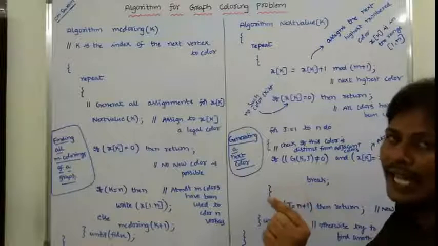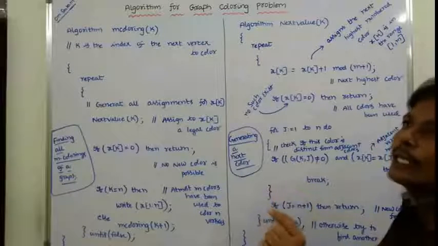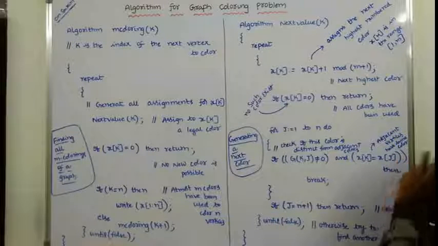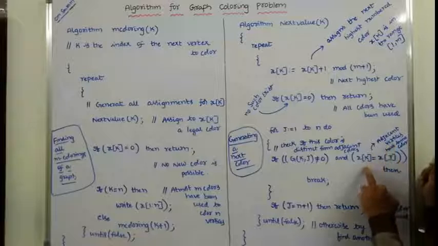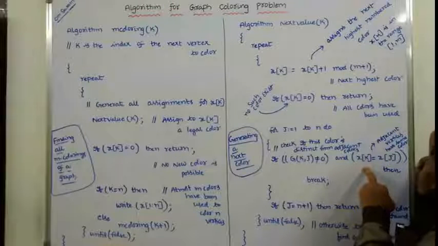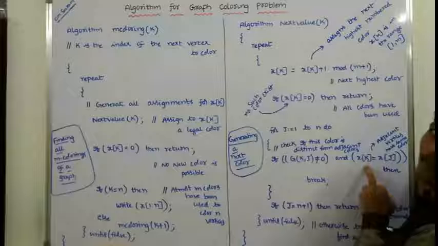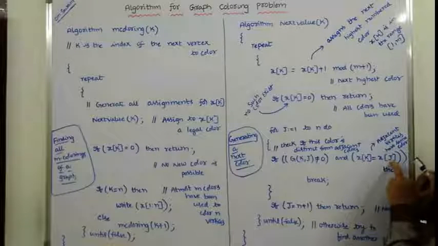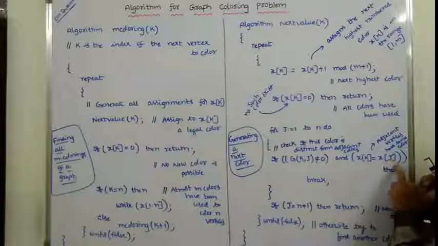If k comma j is an edge, what is the first vertex? k. What is the second vertex? j. What is the color we have to use to color the vertex k? That is x of k. What is the color we have to use for coloring the vertex j? That is x of j.